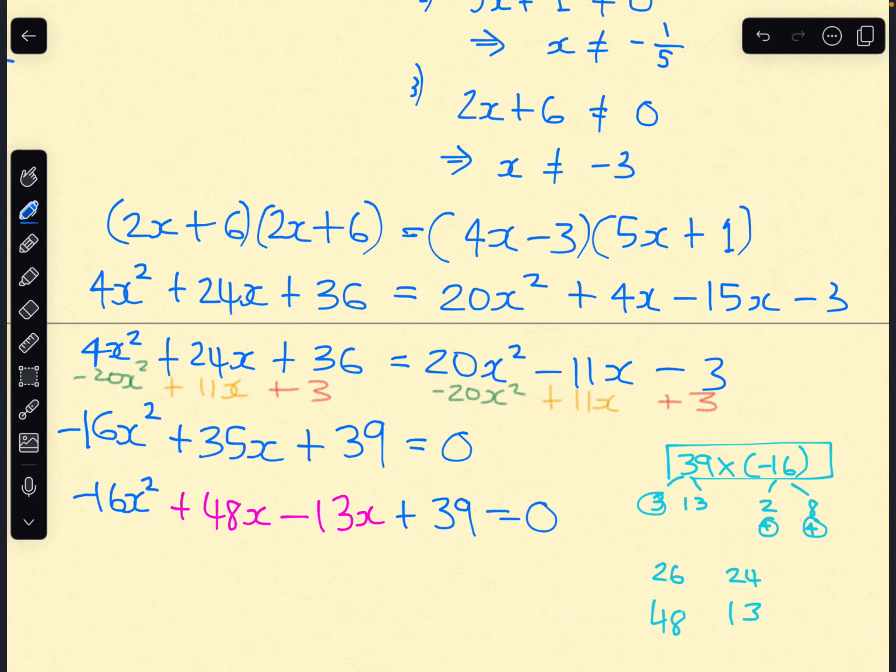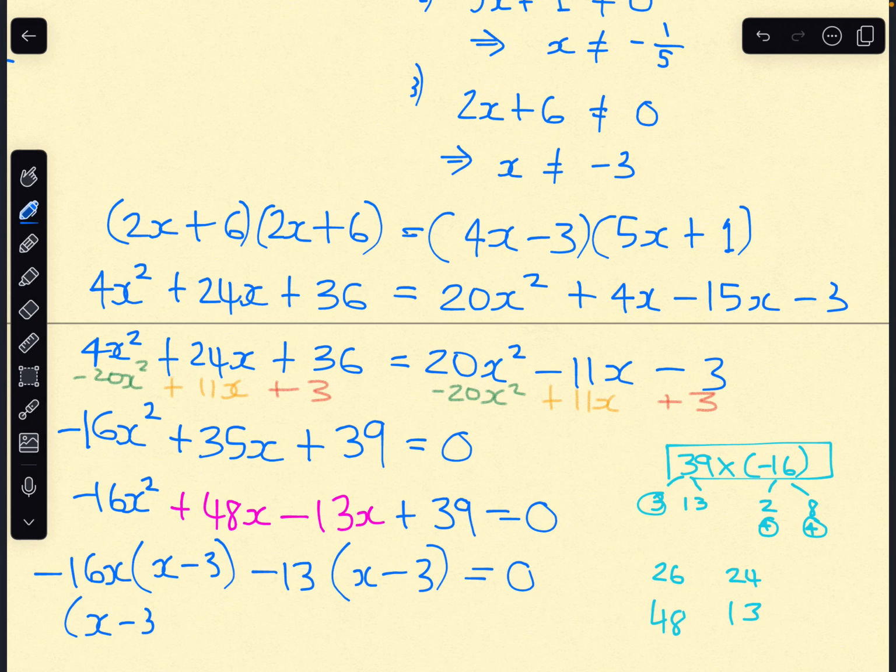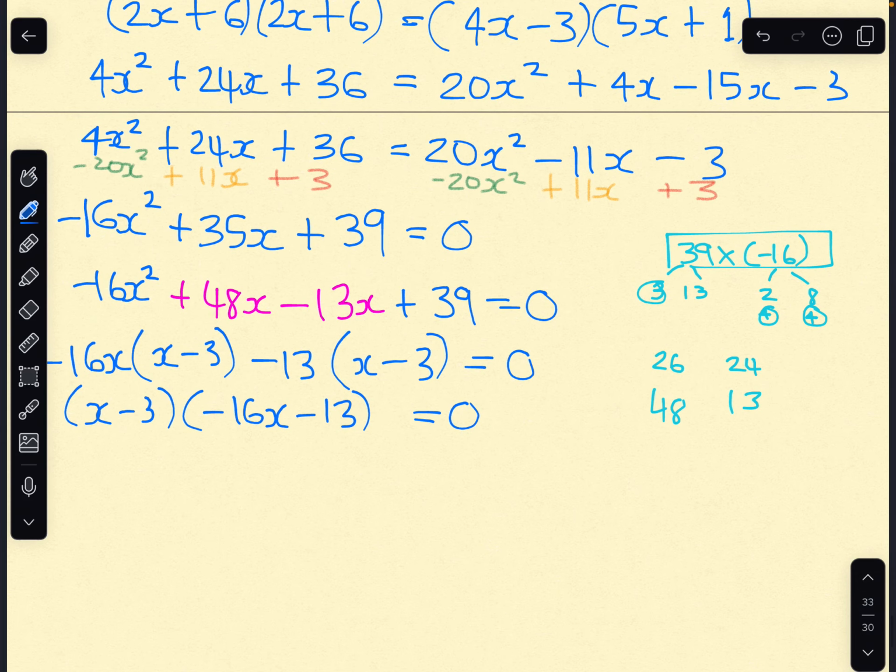Okay, and now I can factor out a common 16x here, so then I've got x minus 3, and here I can factor out a common minus 13, so then I have x minus 3 again, and so we have x minus 3 times minus 16x minus 13. Oh, that was actually such a yummy one to factorize. Wow.